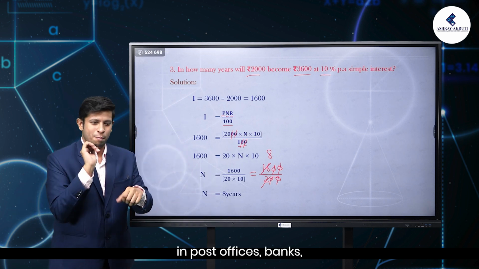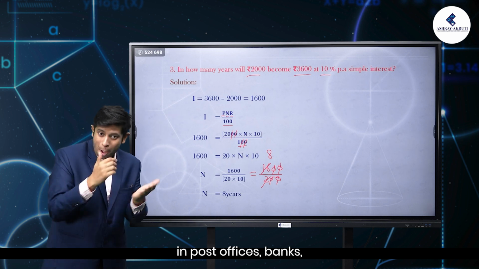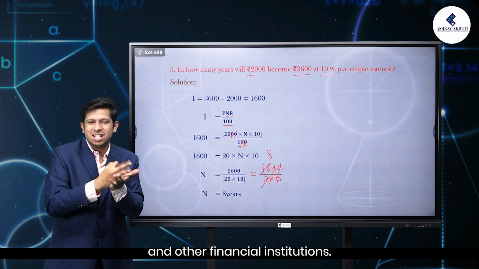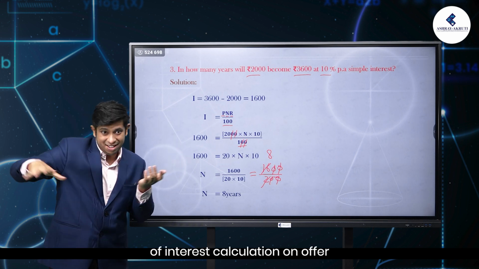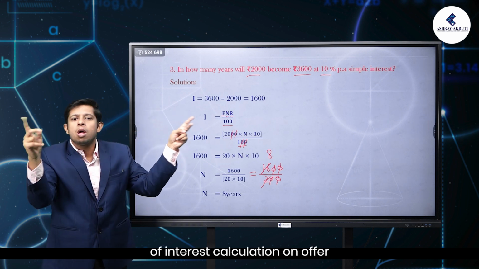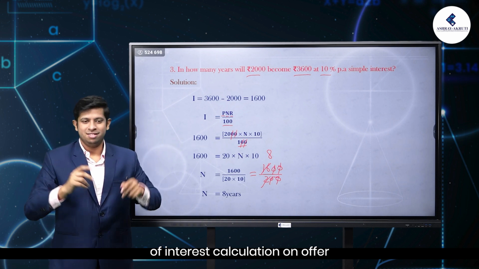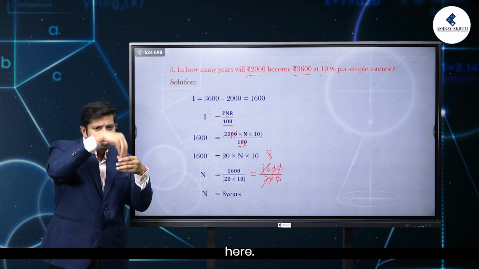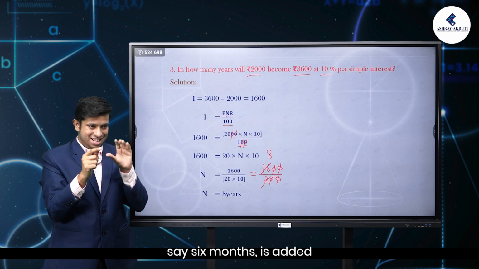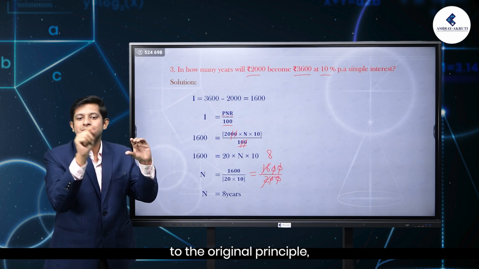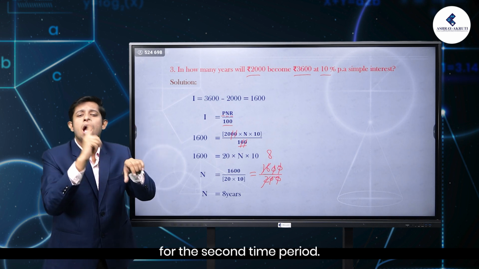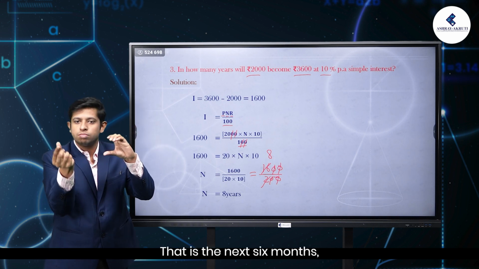Children, in post offices, banks, insurance companies and other financial institutions, there is another type of interest calculation on offer. Here, the interest accrued during the first time period, say 6 months, is added to the original principal and the amount so obtained is taken as a principal for the second time period, that is the next 6 months.